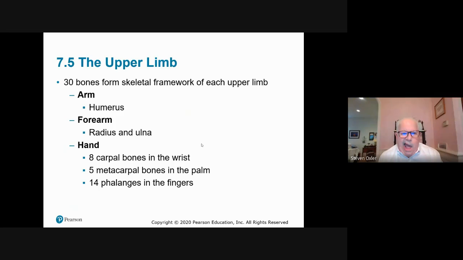It connects to the hand at the wrist. There are 8 carpal bones at the wrist. Carpal means wrist. There are 5 metacarpal bones in the palm. Metacarpals are your knuckles, and there are 14 phalanges in your fingers.